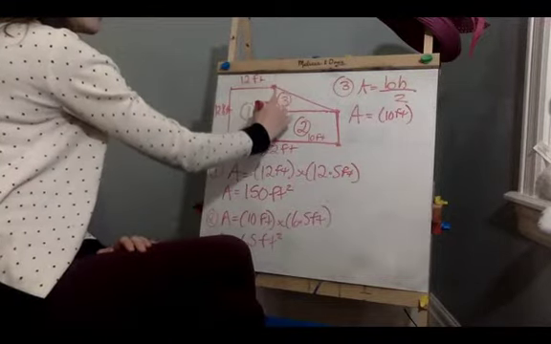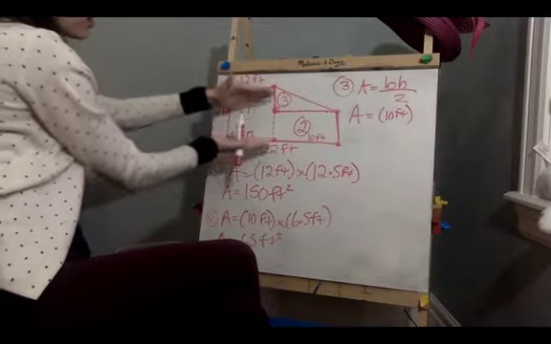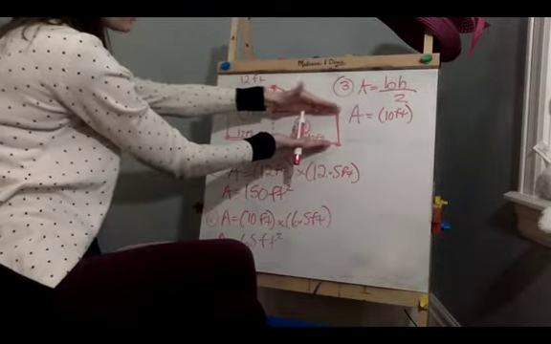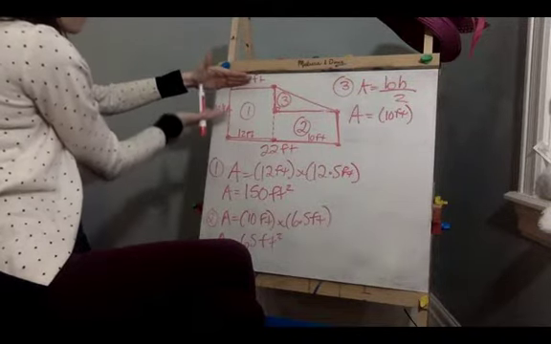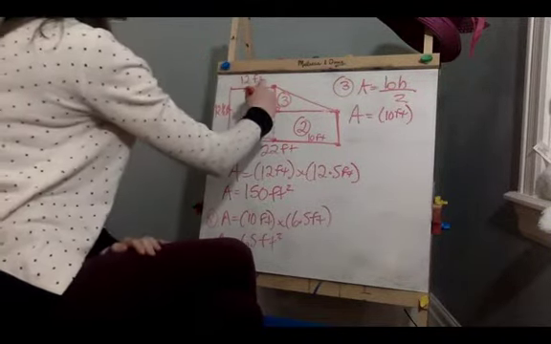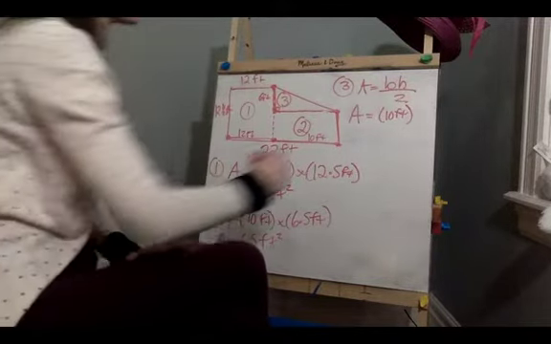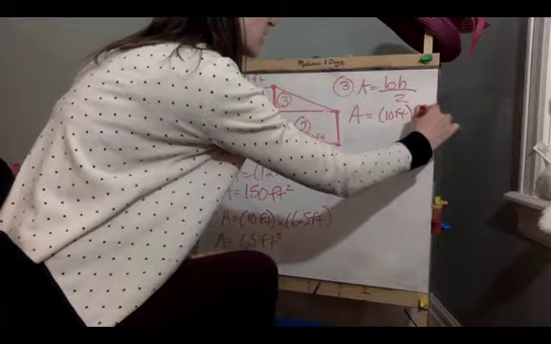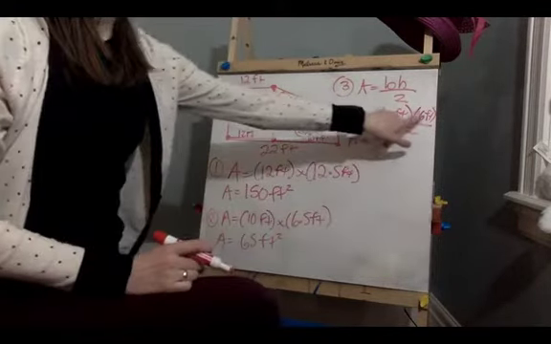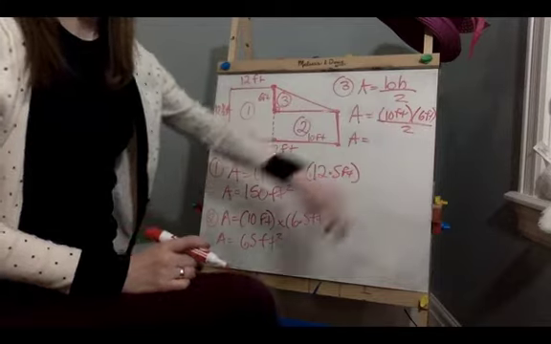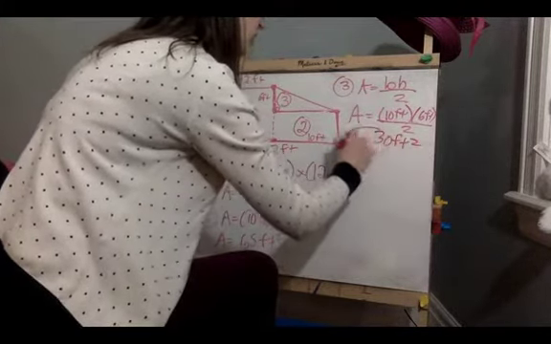And again, we would need to figure that out, because the entire height of the shape is 12 1/2 feet. This little section here was the 6 1/2 feet. So to get this part, we would just subtract: 12 1/2 minus the 6 1/2 leaves a nice even 6 feet for this height here. So the height of that triangle would be 6 feet, and then we would divide it by 2. So 10 times 6 would be 60, and then 60 divided by 2, so it would be 30 square feet for shape number 3.